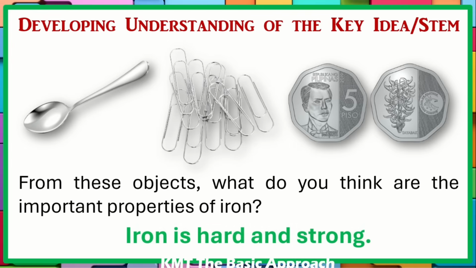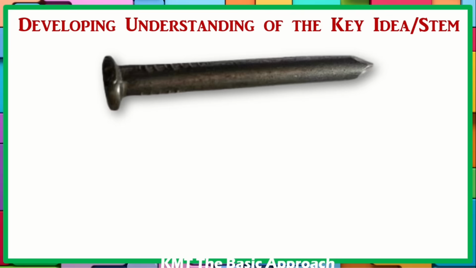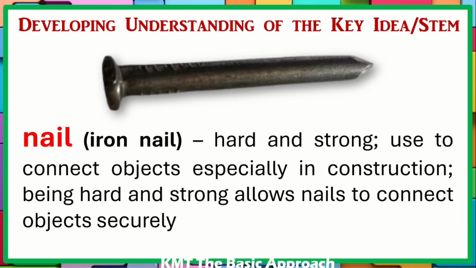Iron is hard and strong. Just like a nail or iron nail, it is hard and strong, used to connect objects, especially in construction. Being hard and strong allows nails to connect objects securely.